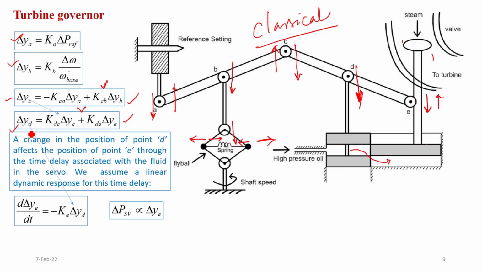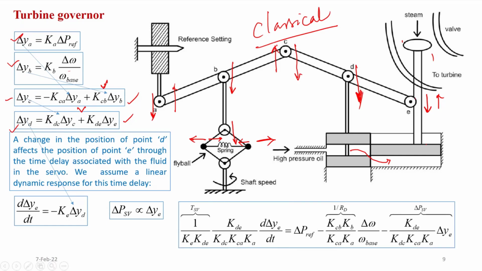Now, just substitute delta Yd in this equation and delta Yc in this equation, okay? After substituting delta Yc here, I can substitute delta Yd in this equation. Oh sorry, again we have to substitute delta Ya here, delta Yb here, right? Then again we'll substitute delta Yc here, then delta Yd here.